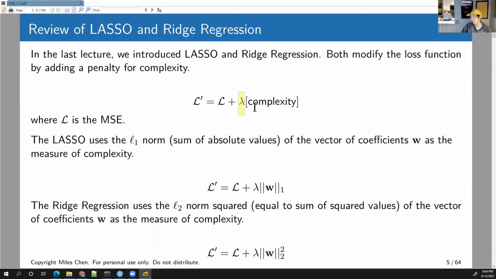And then plus lambda times some penalty for complexity, right? The lasso uses the L1 norm, which is the sum of the absolute values of the coefficients in your vector W as the measure of complexity, whereas ridge regression uses the L2 norm squared, so the sum of the squared values of the coefficients, as our measure for complexity.